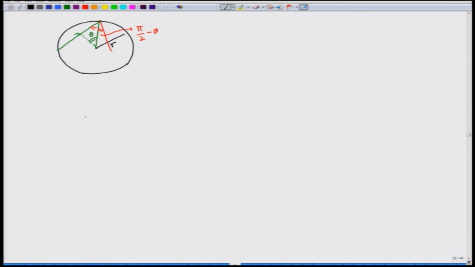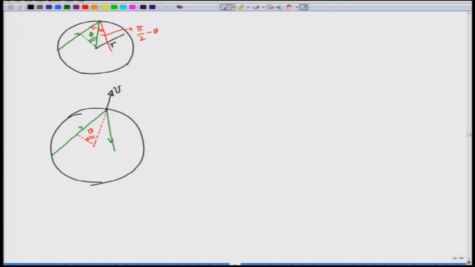Let me make it here again cleanly. Here is the light ray which is going, this is the center, this angle is theta, and the light ray gets reflected like this, and the cavity is expanding in this direction with velocity v.